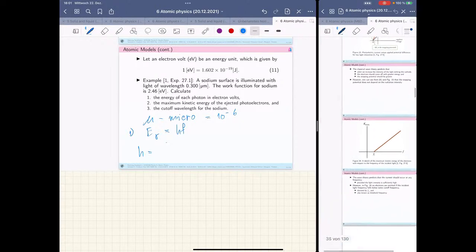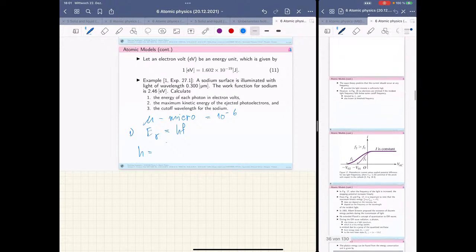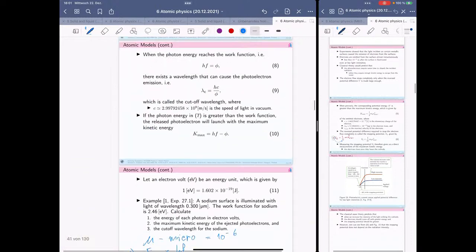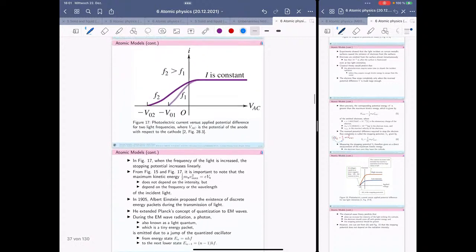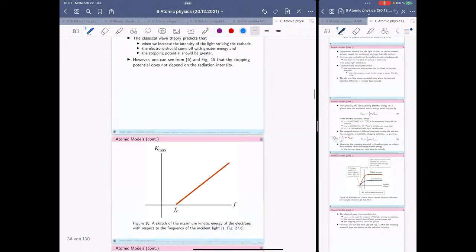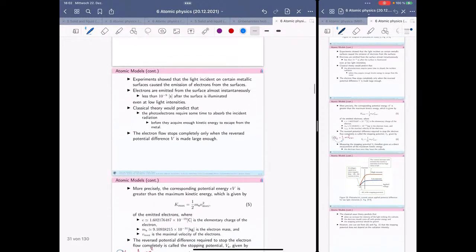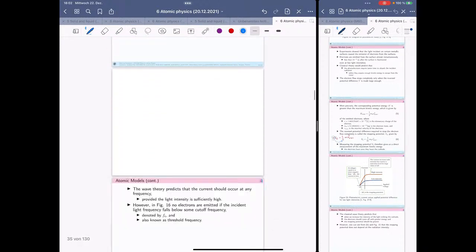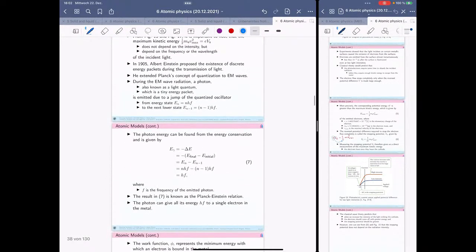Where is that? Where is the Planck constant? Where is h then?